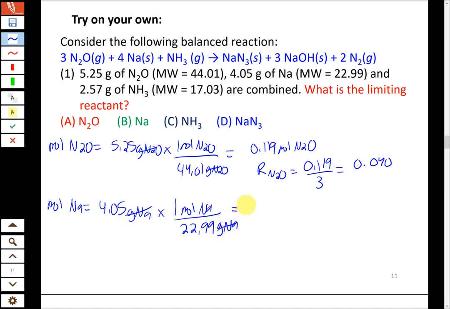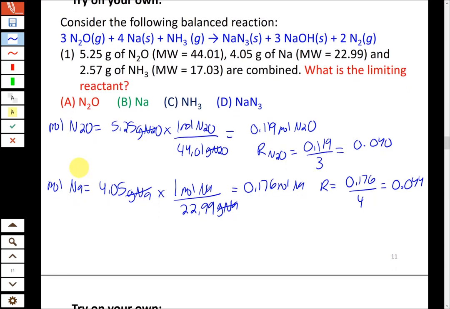So we have 0.176 moles of sodium, and its stoichiometric ratio is that number divided by its coefficient, which is 4, giving a little bit bigger, 0.044. You do want to keep at least a couple of significant digits to make sure you can distinguish numbers that are close. Here we got 0.044, here we got 0.040, so they are a little bit different from each other.